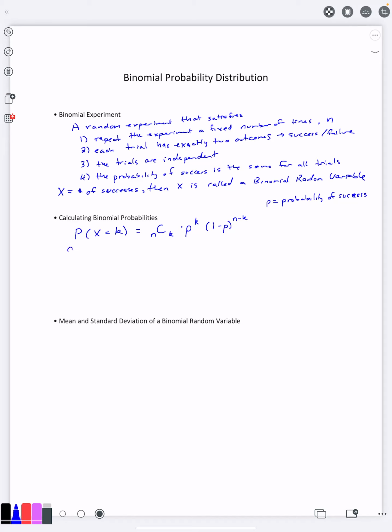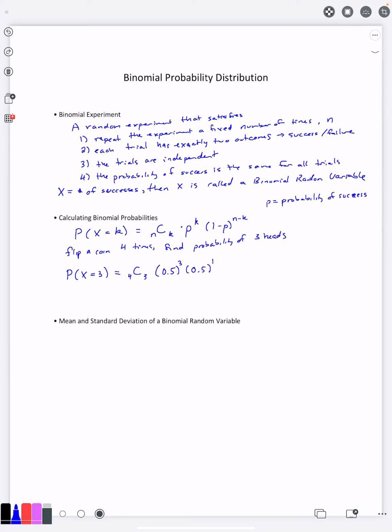So let's say I flip a coin 4 times, and I want to find the probability of 3 heads. Well, that would be the fact that I have 3 successes. If I call getting a head a success, there are 4 trials, 3 successes. The chance of getting a heads is 50% to the 3 successes. The chance of not getting a heads is also 50%, and there is 1 failure.